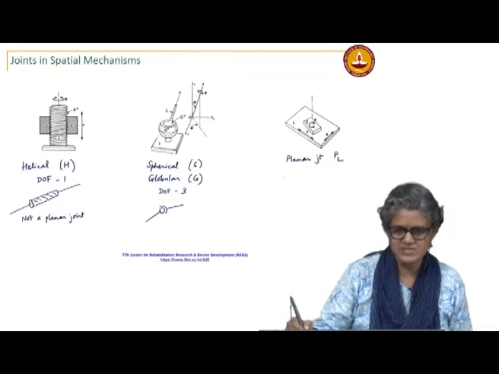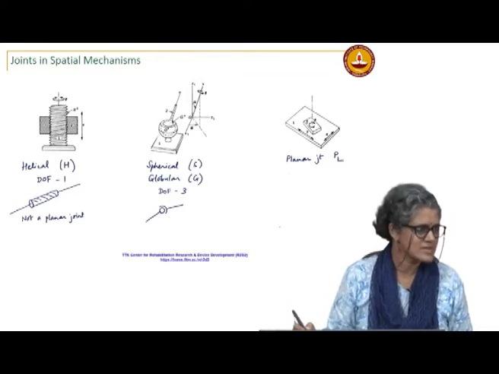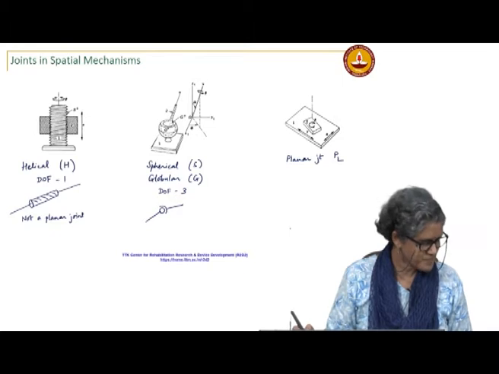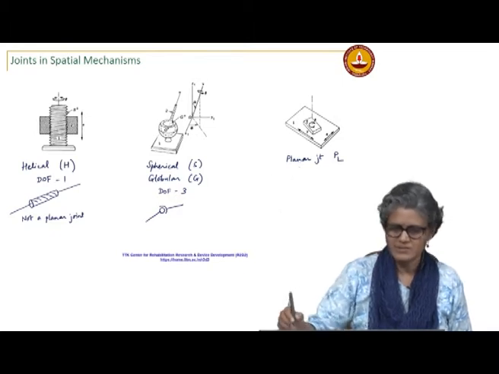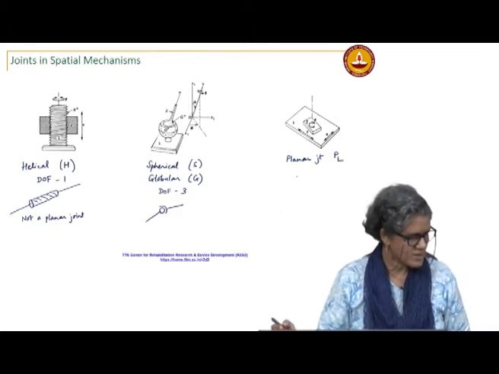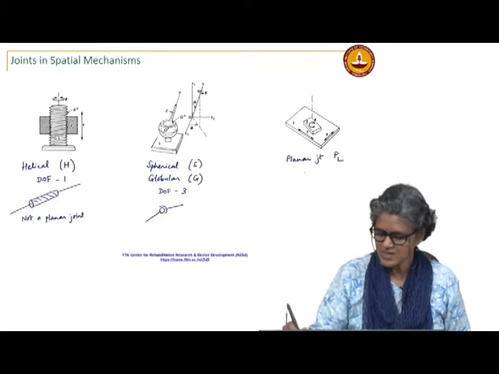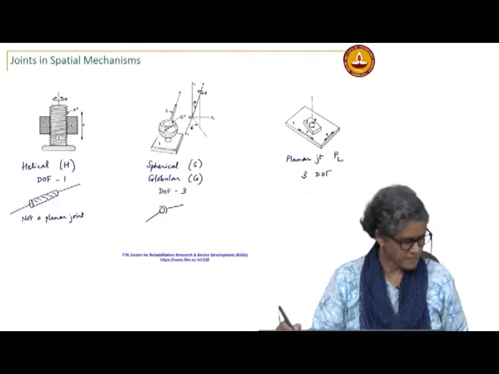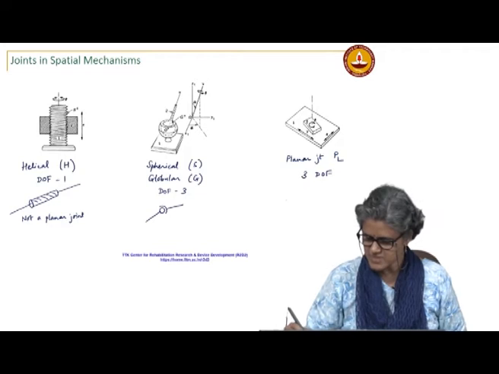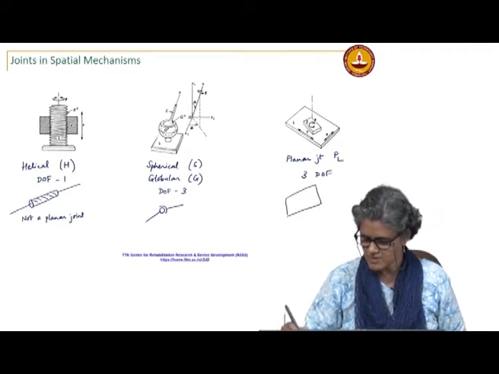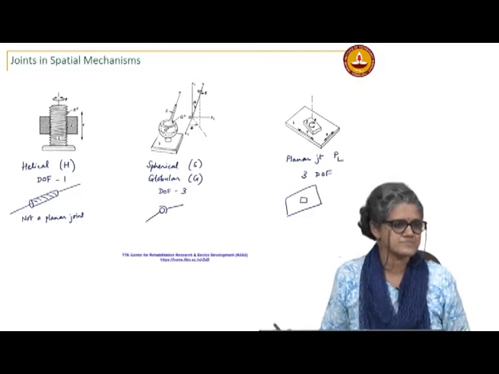Or even here as I am writing, that's a planar joint. I can move x, y and rotate. So, this is a 3 degree of freedom joint, and its general representation is just a plane with another thing on it.